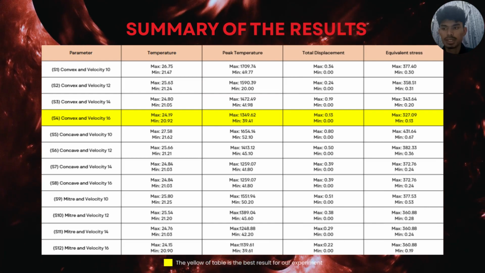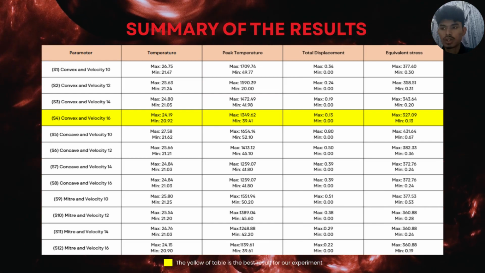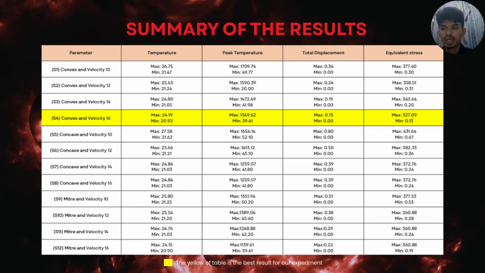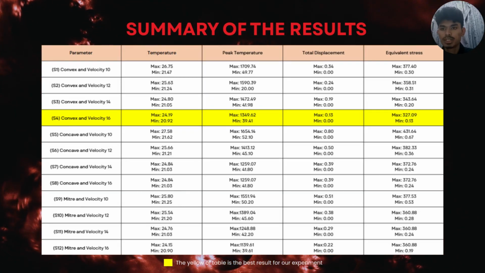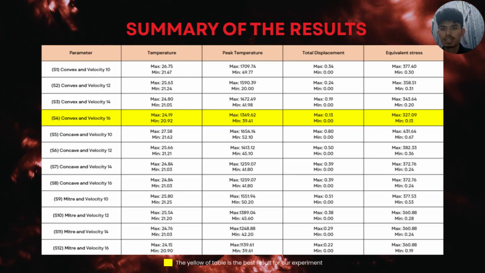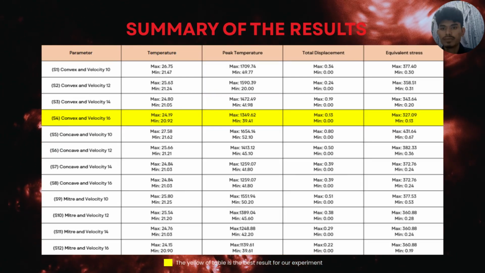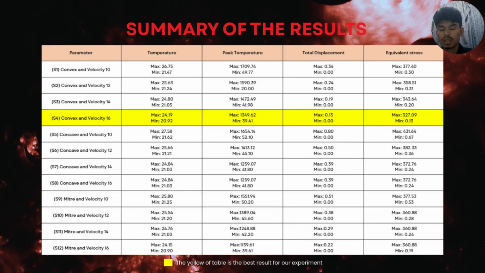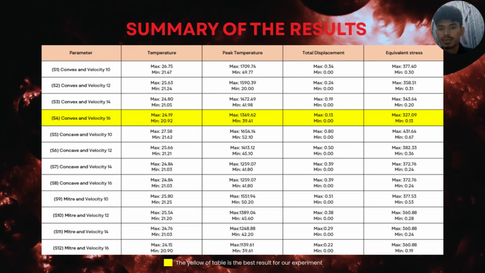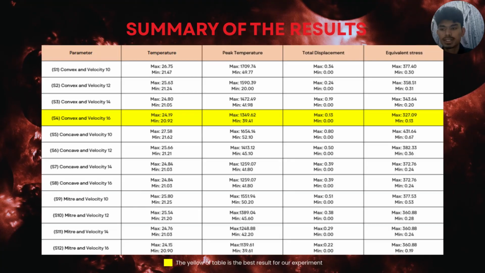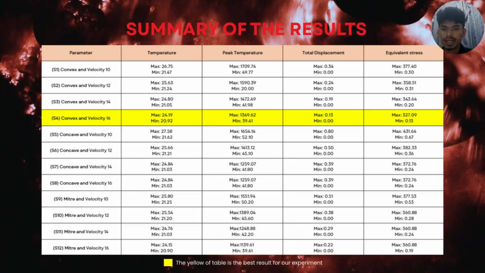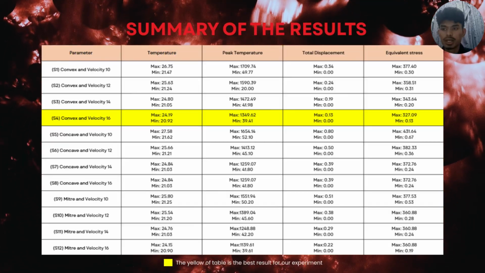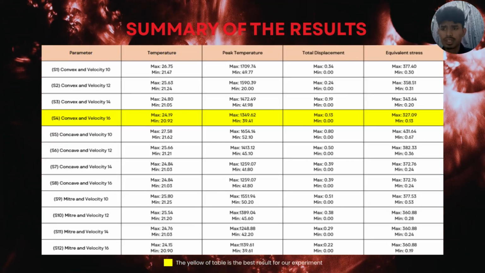It is because of convex and velocity 16, so the peak temperature, the total displacement, and the equivalent stress are different for all these welding designs and velocities.